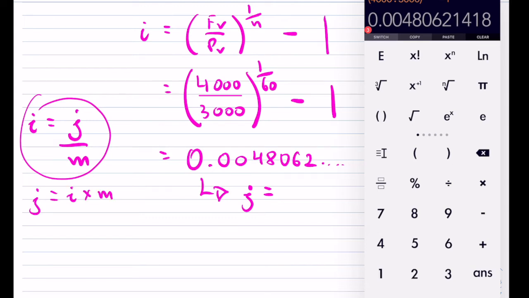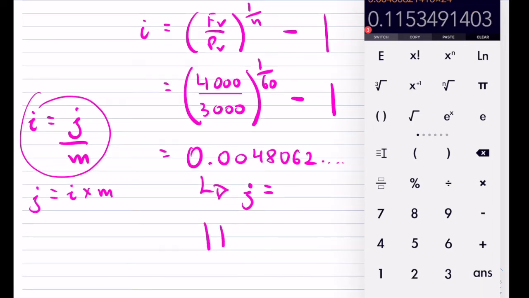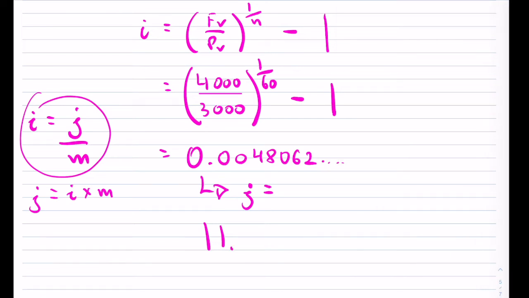So I'm going to take this and multiply my answer by 24. And if you want to make it a percent, you can of course multiply it by 100 and you will get 11.5%. That was our nominal rate, compounded semi-monthly.